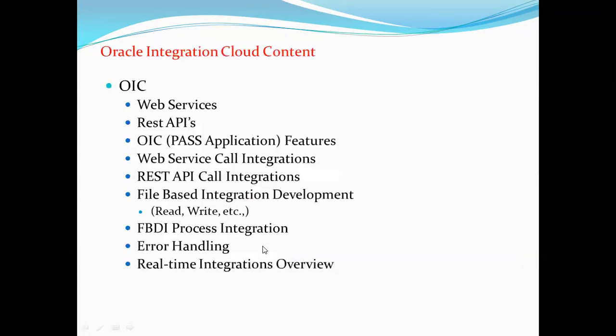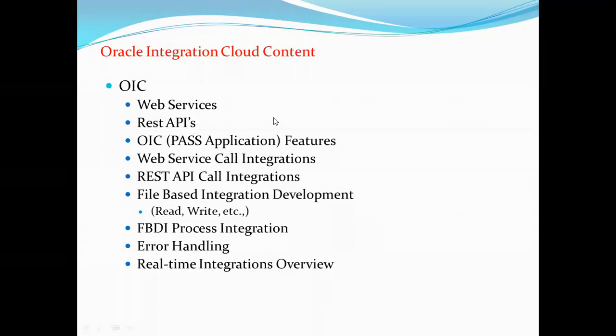Now, this is Oracle Integration Cloud content. In our OIC application, we'll see what the web services and REST APIs are. Web services and REST APIs are nothing but the business services, for example AR invoices, AR customers, journal imports, sales orders, like that.